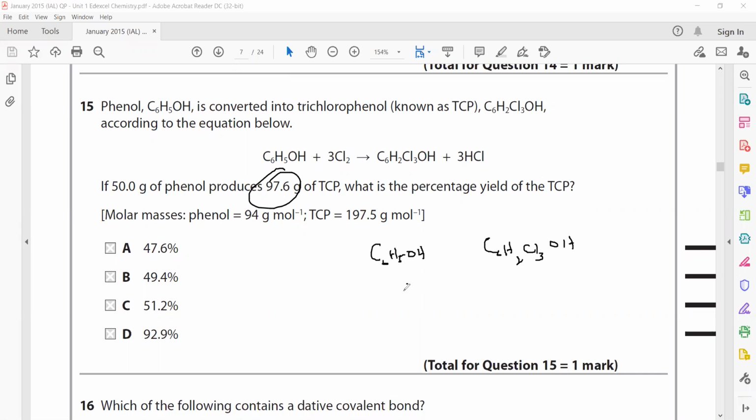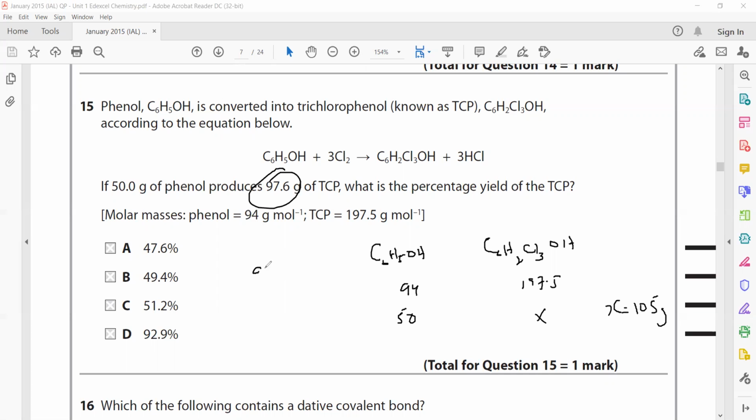So the ratio of the mass 94 is to 197.5. So if we have 50, this will be X. So it will be 50 multiplied by 197.5 divided by 94. So theoretically we should get 105 grams.